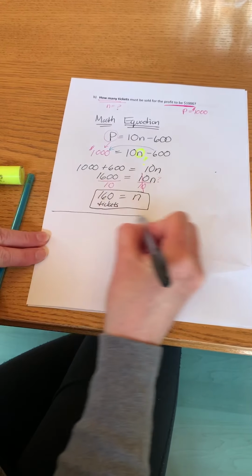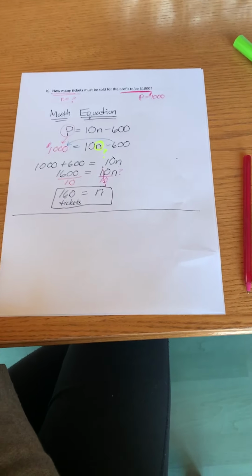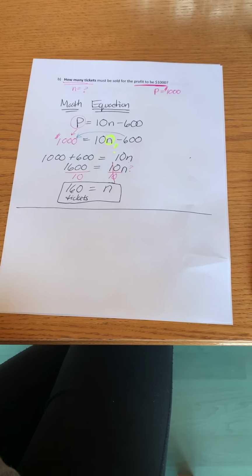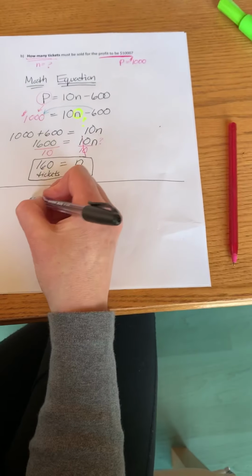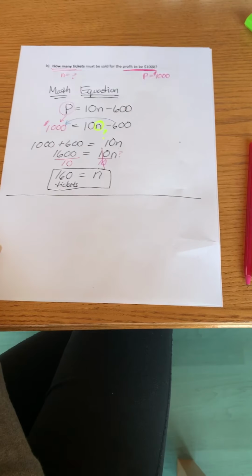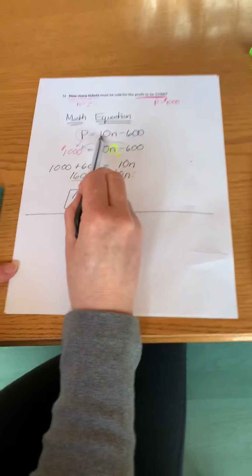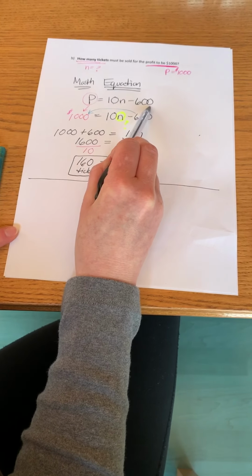Now, if you find this math equation stuff confusing, we could do this another way. We could use a guess and test type of situation. We know that we need to make $1,000 profit, and we know that our money is coming from $10 times the number of tickets minus 600.